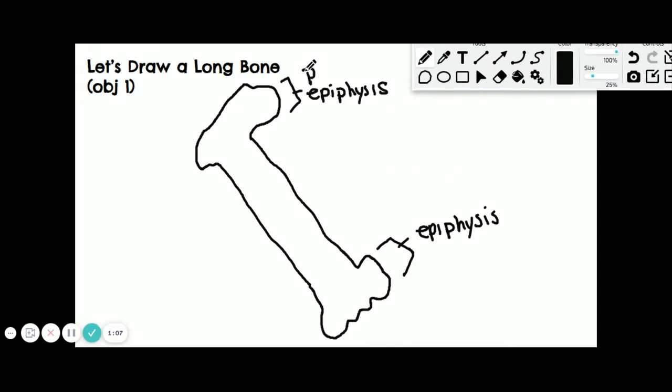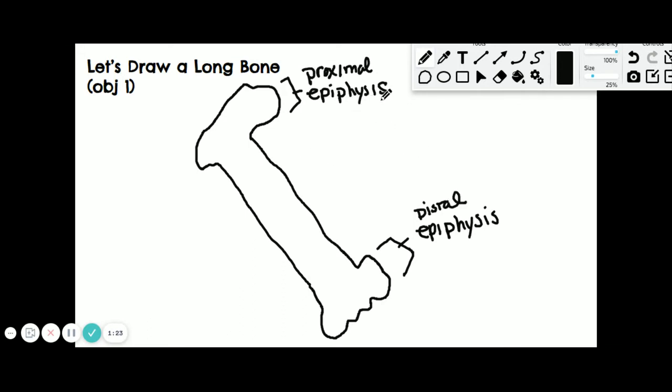So whatever is closest to the point of attachment is the proximal, and whichever one is closer to the end and further from the original point of attachment is the distal epiphysis.